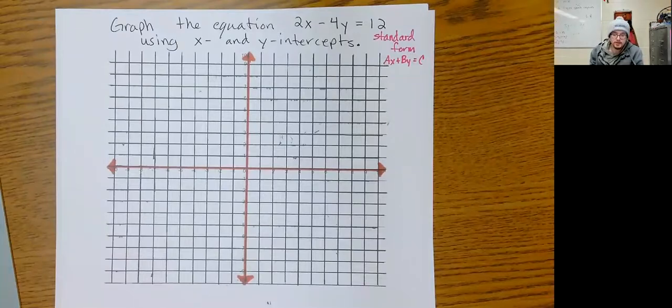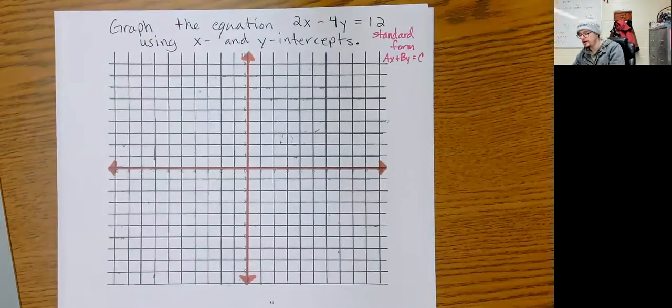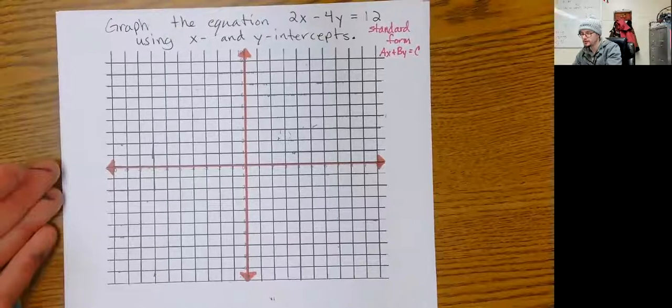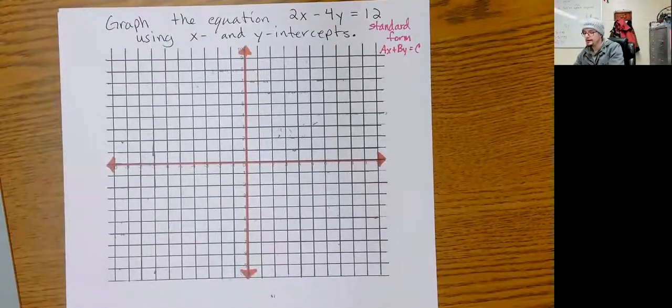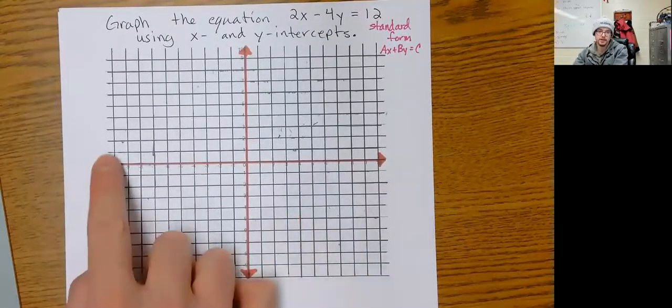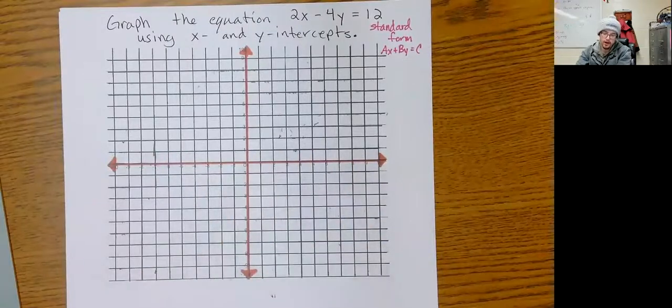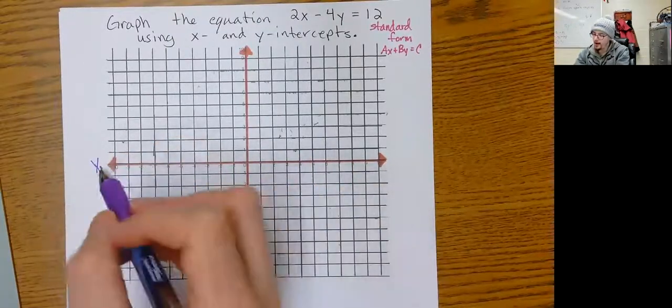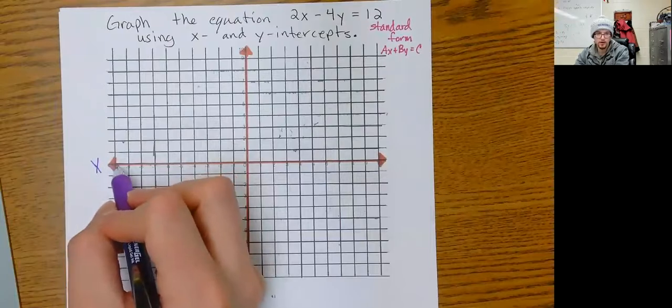Now, the way to do this is, I'm going to show a trick at the end, but the right way to do this, and the way that I always teach it, and then I show students the quicker way to do it, is if I want to find, let's say, the x-intercept, well, what is the y value on the x-axis?